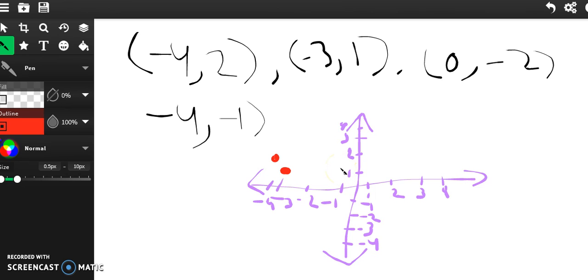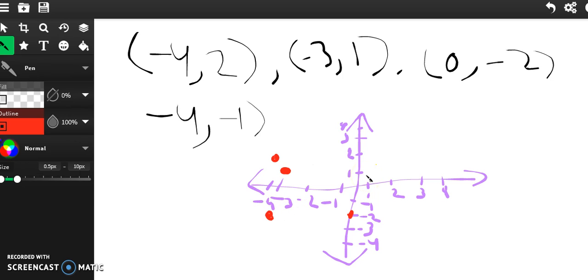We have 0, comma negative 2. So 0, negative 2 would just be right here. And finally, we have negative 4, comma negative 1. So that'd be right here.